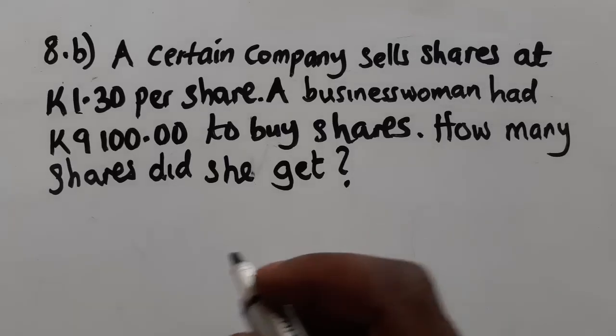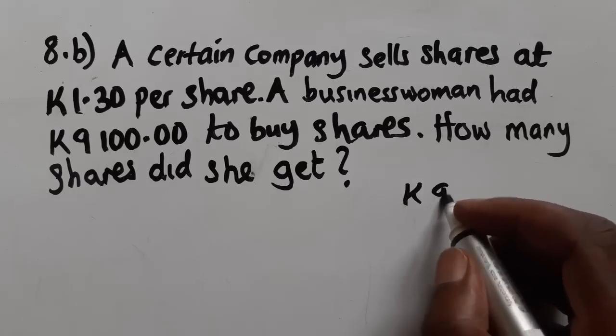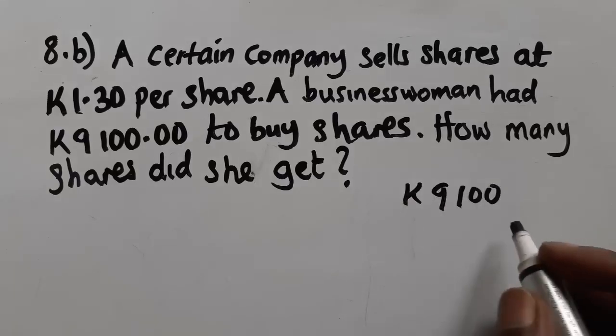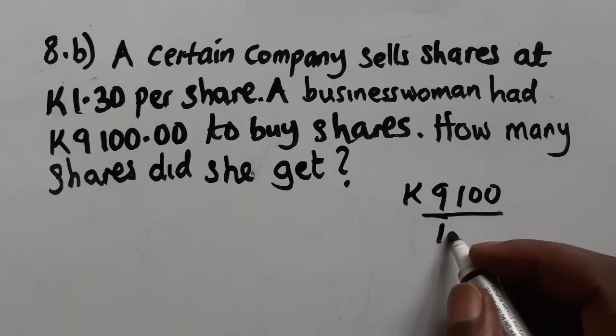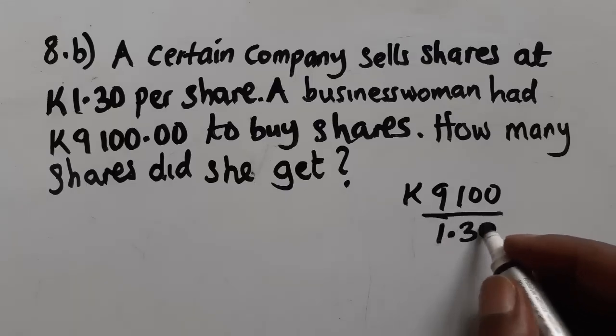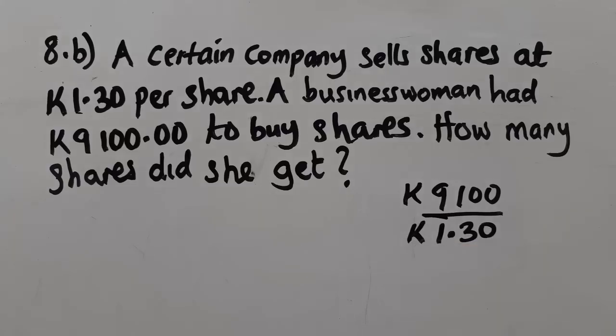So the amount of money that she had was 9,100 kwacha, and the amount per share was 1 kwacha 13 ngwe. So we need to divide to know how many shares she bought.